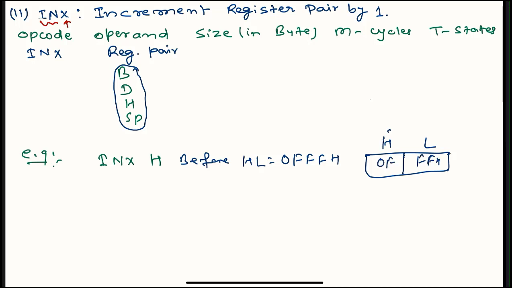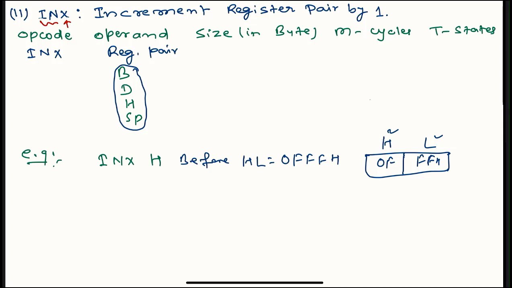So H is an individual 8-bit register and L is an individual 8-bit register, but combined as a register pair, this content is treated as a 16-bit number. So here this instruction will perform a 16-bit addition.